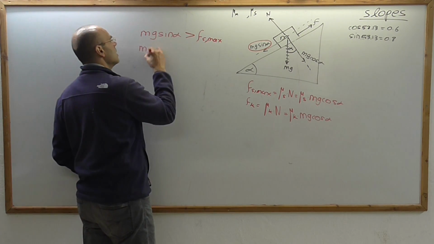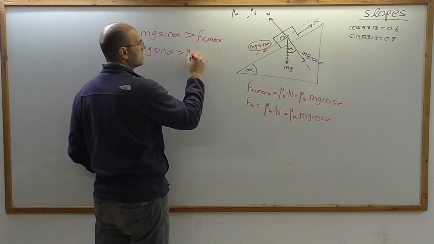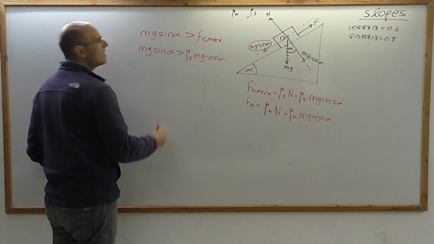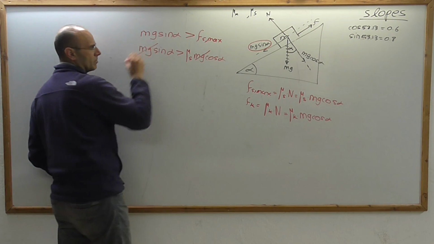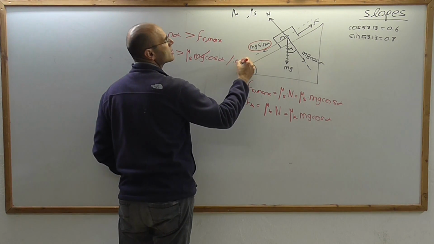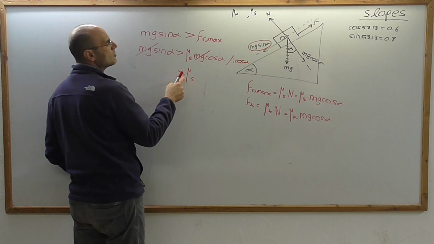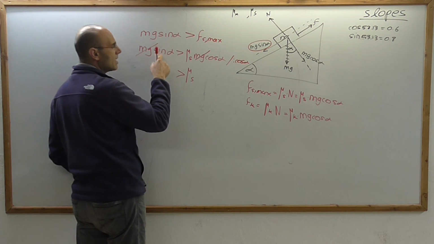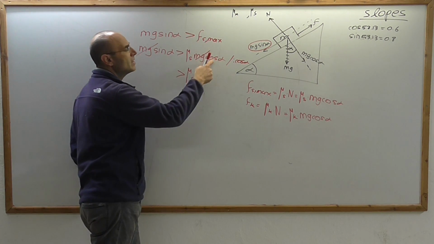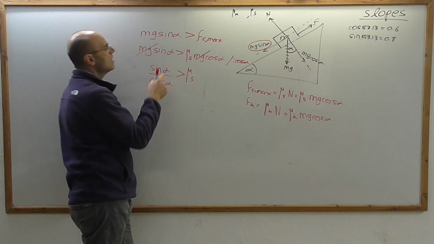Let's calculate it. Mg sine alpha is bigger than mu static mg cosine alpha. If I divide by mg, it goes. If I divide by cosine alpha, I'll get mu static is smaller than sine alpha divided by cosine alpha.